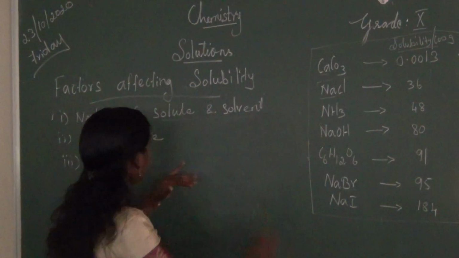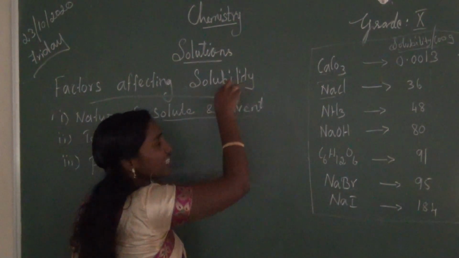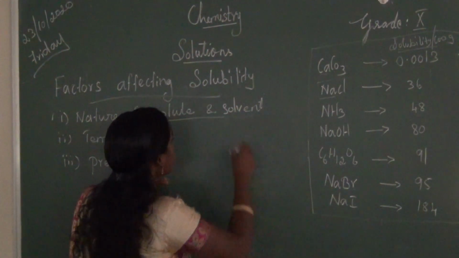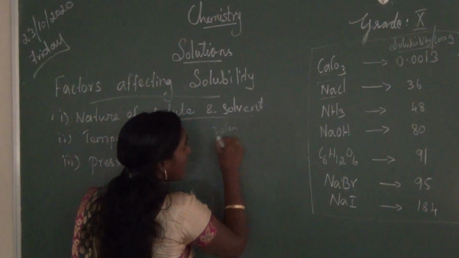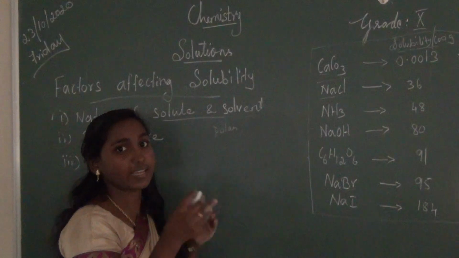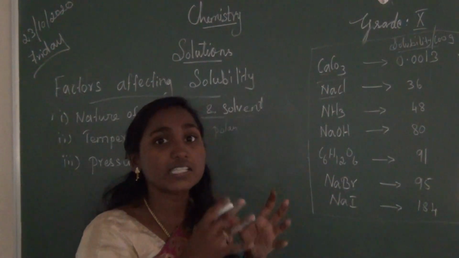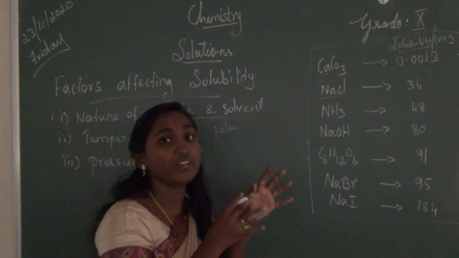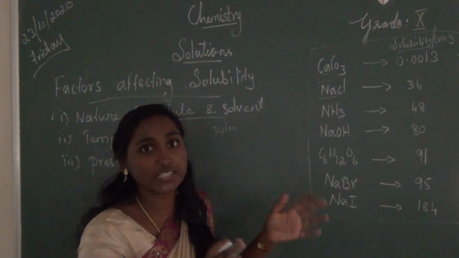So that is about the similarities in solubility. Chemists say that like dissolves like, that means dissolving occurs when similarities exist between the solute and solvent.